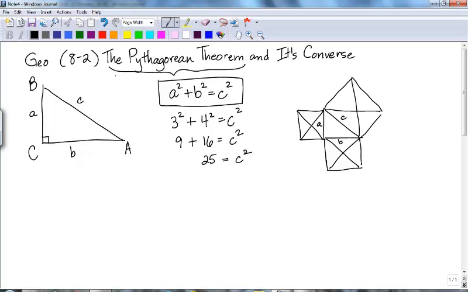And remember, when you get to that part, you've got to take the square root of both sides. So the square root of 25 would be 5, and they're considering the principal root, the positive, so C would be 5. And that's a 3, 4, 5 right triangle, one that you basically ought to memorize. That is also what they call a Pythagorean triple.